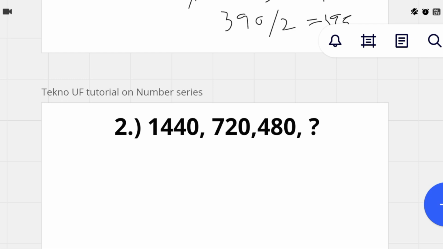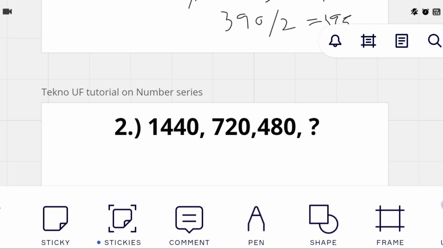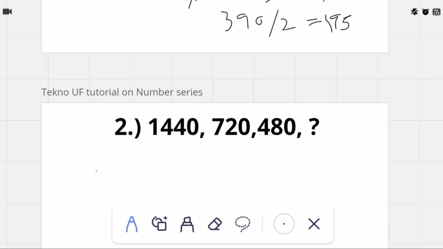let's see the problem. Here what happens is, with 1440, if you multiply this number with 1 by 2, you will get 720, right?